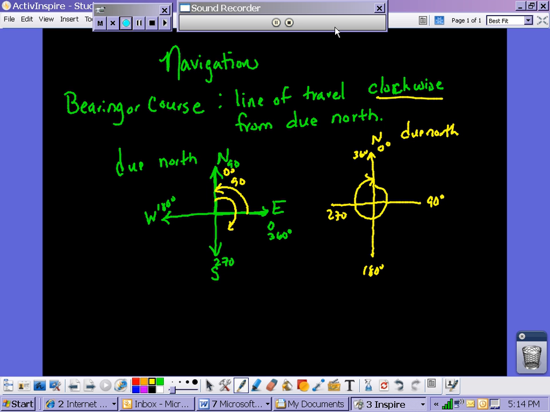Okay. Another conversion factor that we're going to need to look at is knot miles or nautical miles, and I always use the abbreviation knot.